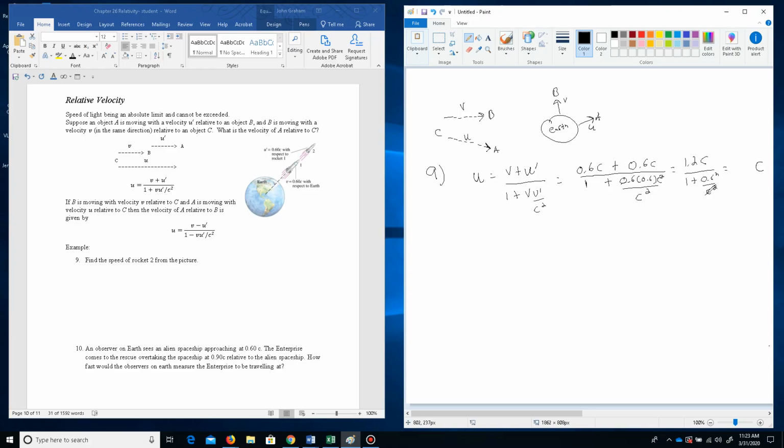And so we have 1.2 over 1.36. And so this becomes, which you can see is going to be less than 1, 0.88 c. So this second rocket still doesn't go faster than the speed of light even when you shoot it from something that's already moving.